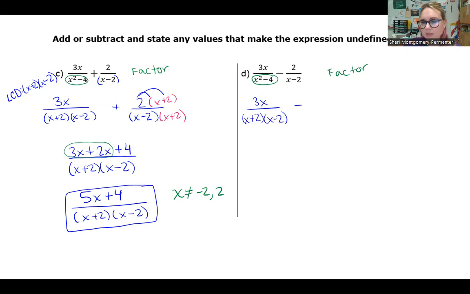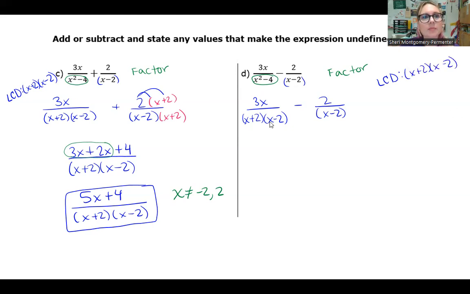And then I didn't do anything with the second fraction. I'm going to put parentheses around this one. And then I look at my LCD, my lowest common denominator, which is x plus 2 and x minus 2.